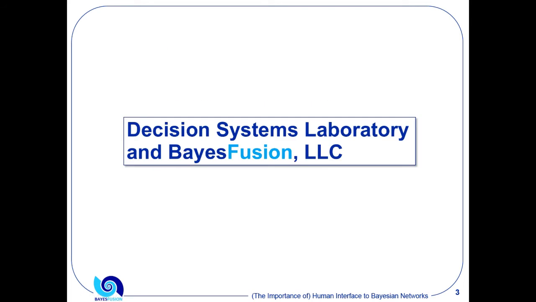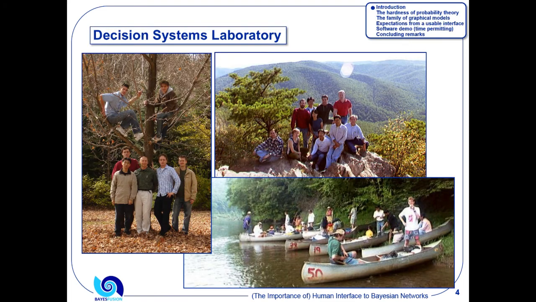First, let me tell you a little bit about Bayes fusion and Decision Systems Laboratory. I assume this is the main reason why I was invited to give this talk. So, Decision Systems Laboratory is a group at the University of Pittsburgh that I had the pleasure, the honor to lead over the last 20-something years.